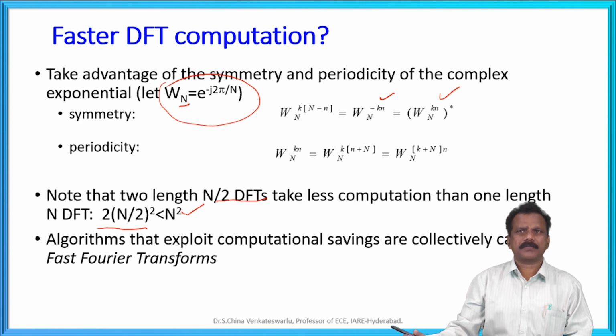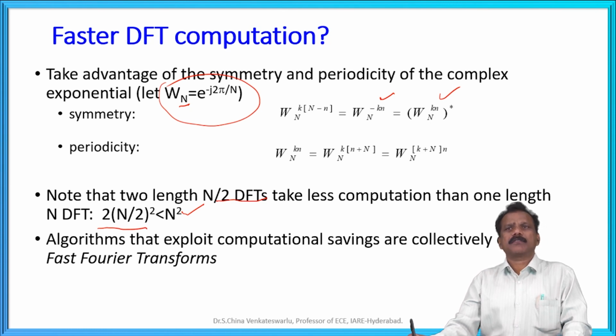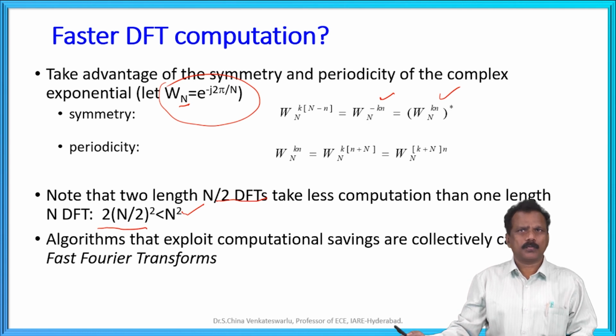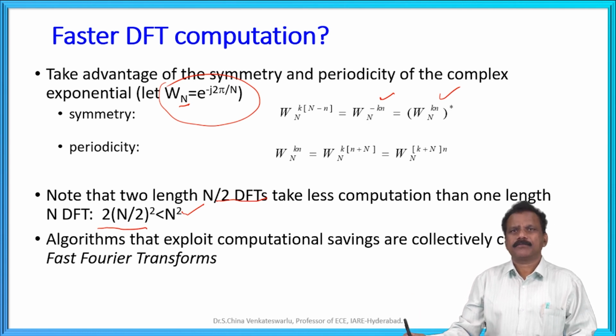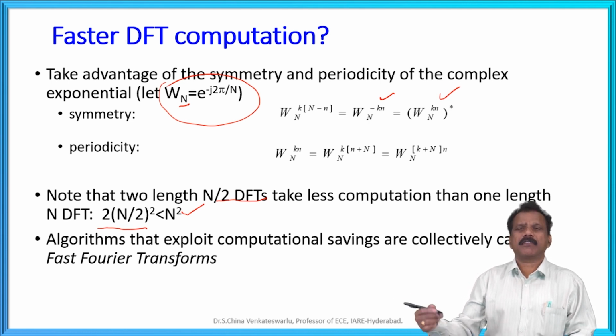Otherwise, substituting the n value and k value gives a large number of expressions, so it is not that fast. So we require algorithms that exploit computational savings.